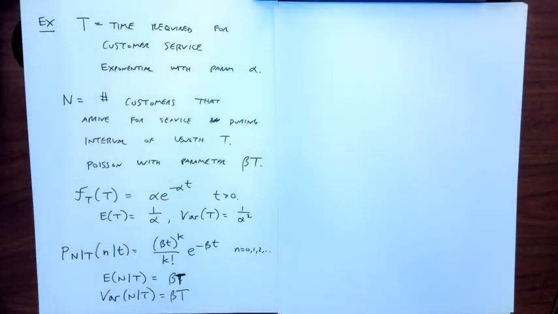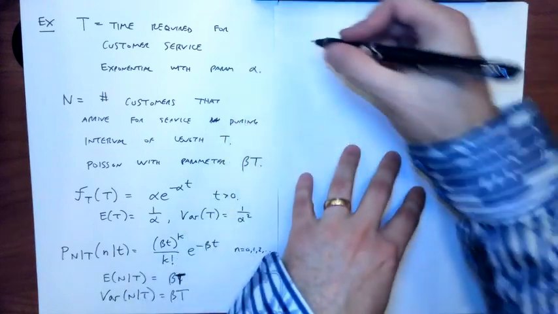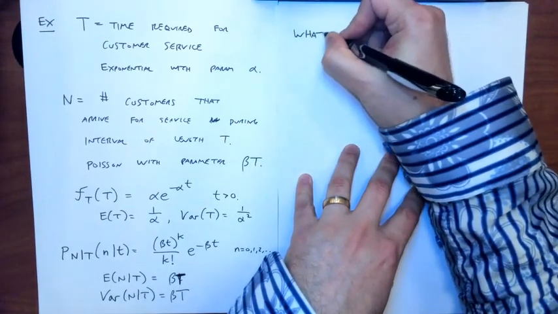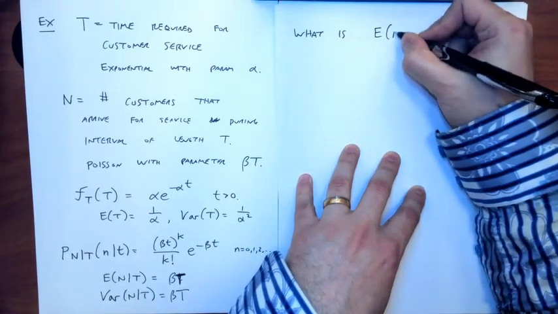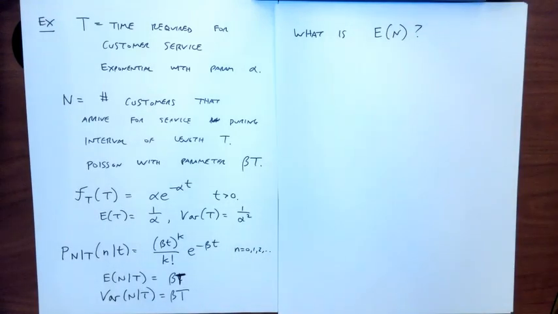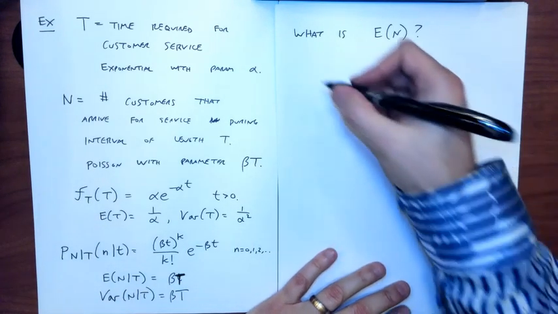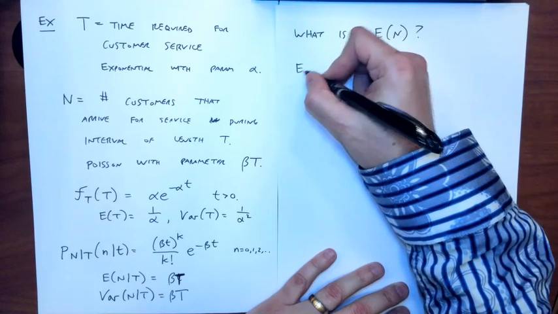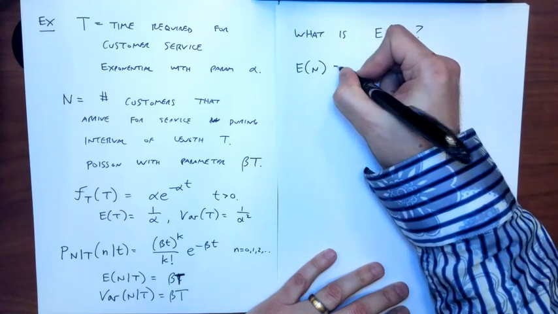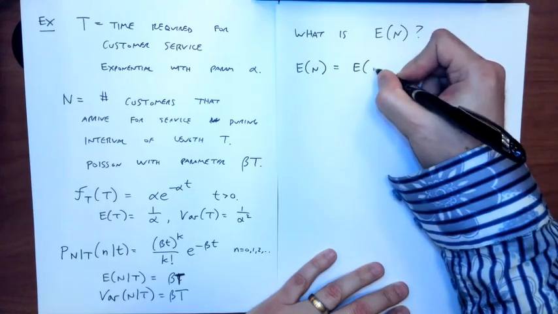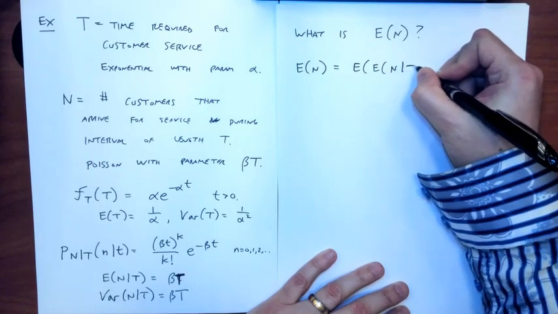Now I can ask, what is the expected value of n overall? What is the expected value of the number of customers arriving during my turn at the bank? The expected value of n is the expected value of the expected value of n given t.